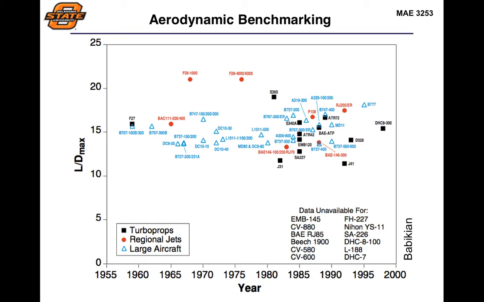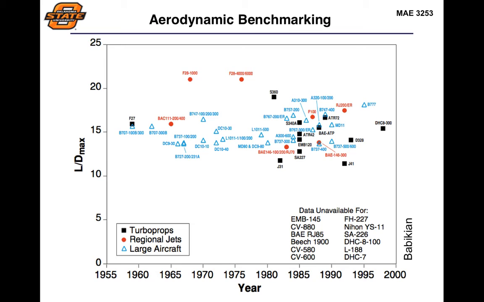But this will help you, again, drive what your requirements need to be for your aircraft if it's going to be competitive. Now, just a couple of examples here. Here are some results by Babikian, which is a great resource to look at, and is primarily looking at the development of these systems for a next generation transport category aircraft, but look at the evolution of these systems over time.